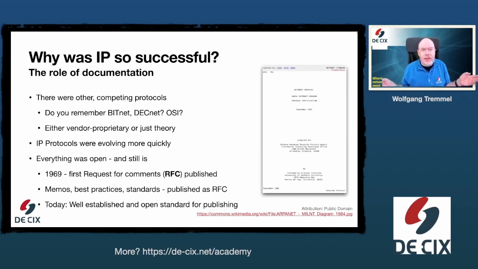In 1969, the first request for comments was published, and it was memos, it was standards, and well, today RFCs still exist, and there is a process publishing them. Also, there is an open process making an internet standard. Everybody can participate. It's an open process and it's open. I think this was one of the main success factors of IP and the internet.